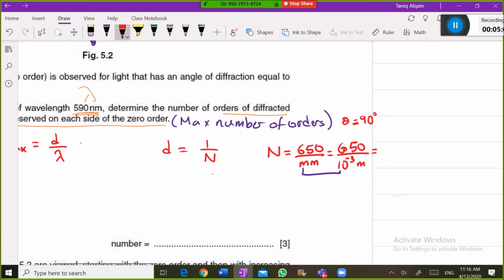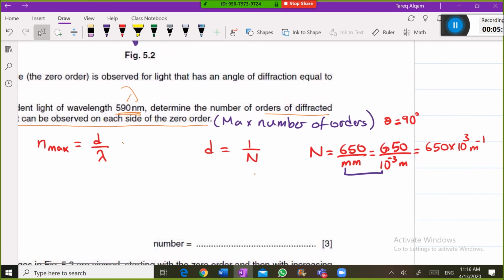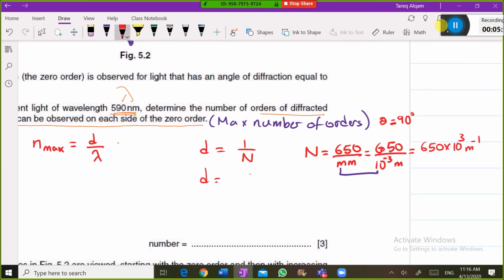So this becomes 650 times 10 to the power 3 meter to the power -1, because I have to move the denominator to the numerator. Now find d: 1 over 650 times 10 to the power 3.